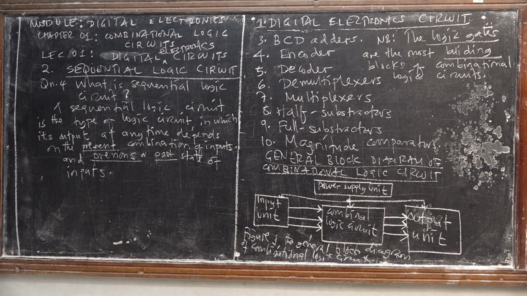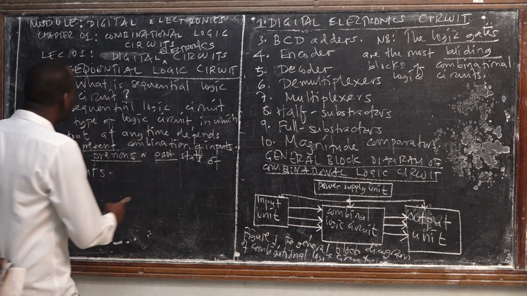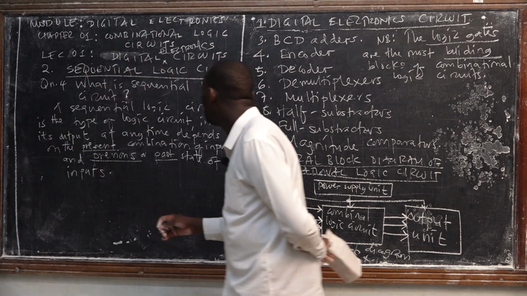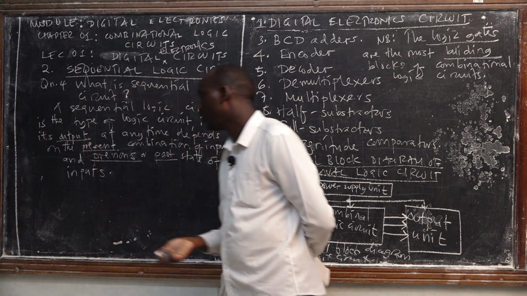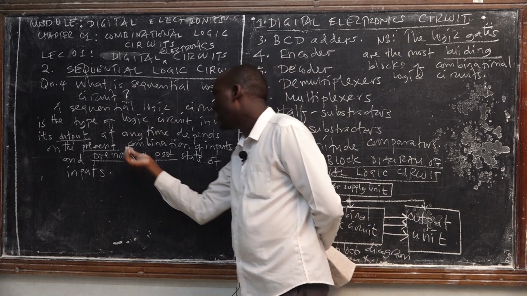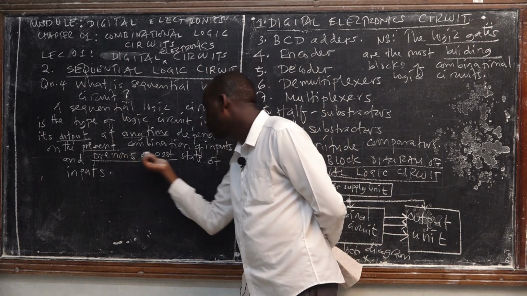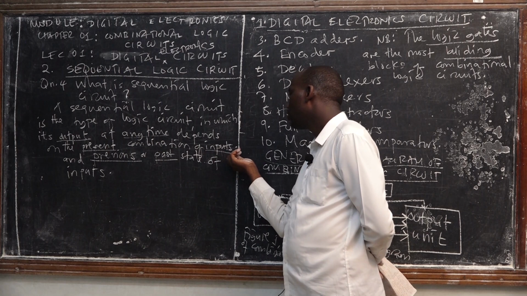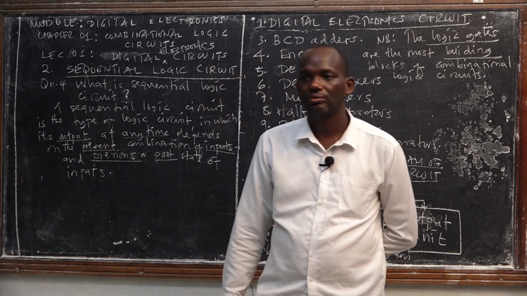So sequential is a combination of combinational and another part. A sequential logic circuit is a type of logic circuit in which its output at any time depends on the present combinations of the inputs and the previous or past states of the inputs.